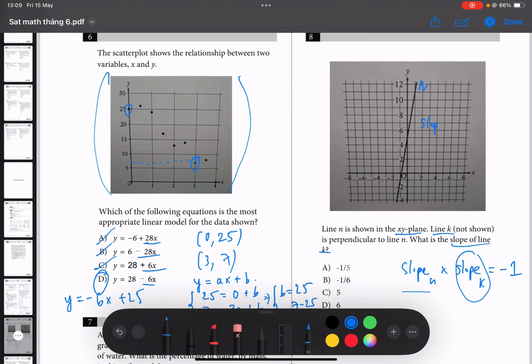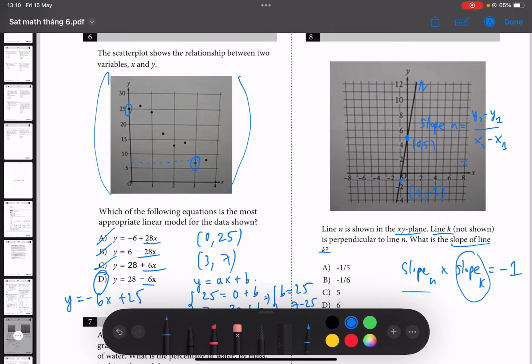Slope n equals y2 minus y1 over x2 minus x1. You choose this dot over here, which gives you 0 and 5, and over here it gives you minus 1 and minus 1.